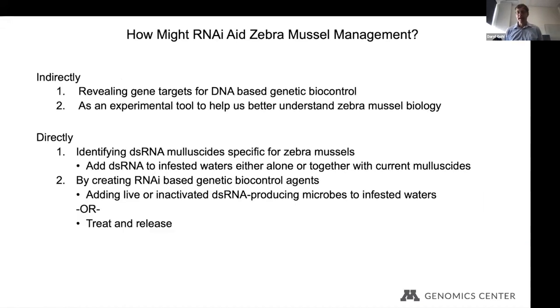So how could this eventually aid in management of zebra mussels? Well, the first is indirectly. If we can get this RNAi approach working in the lab, it gives us a means to start manipulating zebra mussels and understanding more about their biology and studying the effects of these different genes.